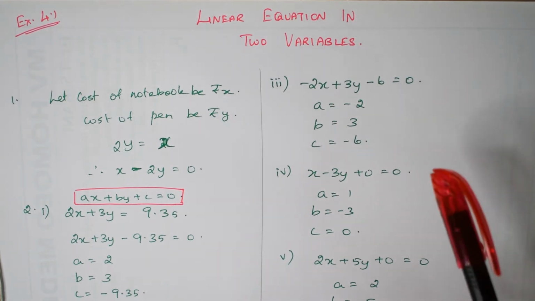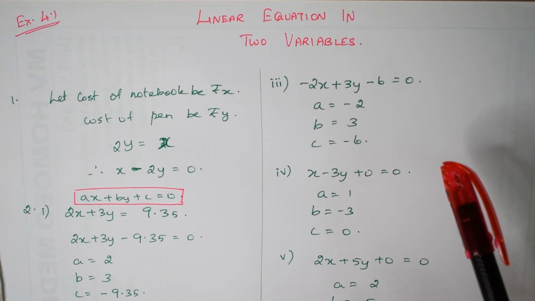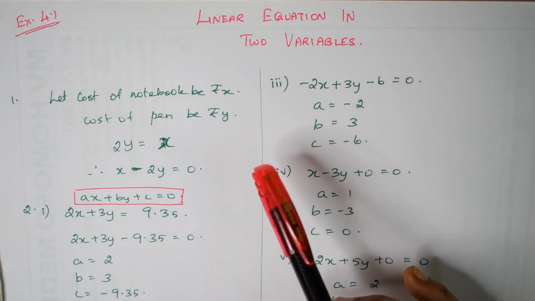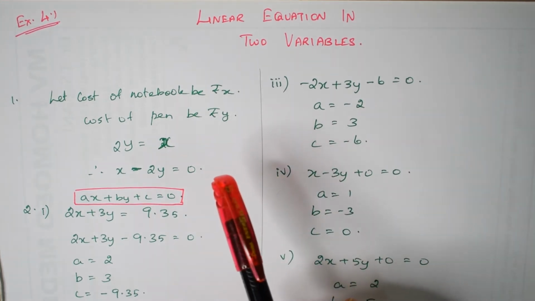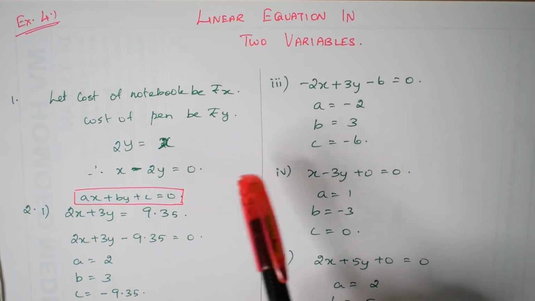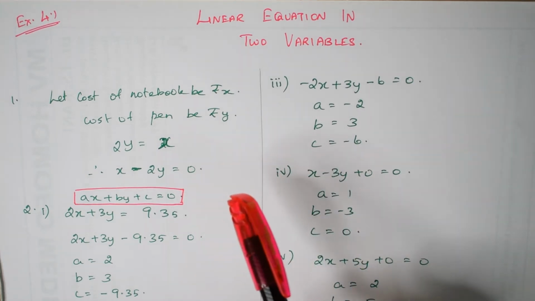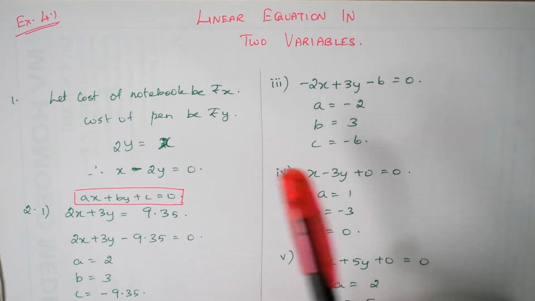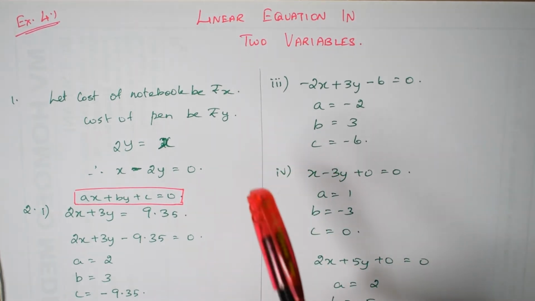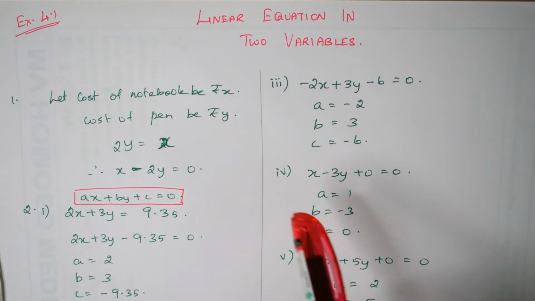And today we are going to learn the linear equations in two variables. In this lesson we are going to understand first what a linear equation means. A linear equation is nothing but a straight line which is represented on a graph sheet. And when it's represented on a graph sheet, anyone can understand that any point given on a graph sheet has got an x coordinate and y coordinate.